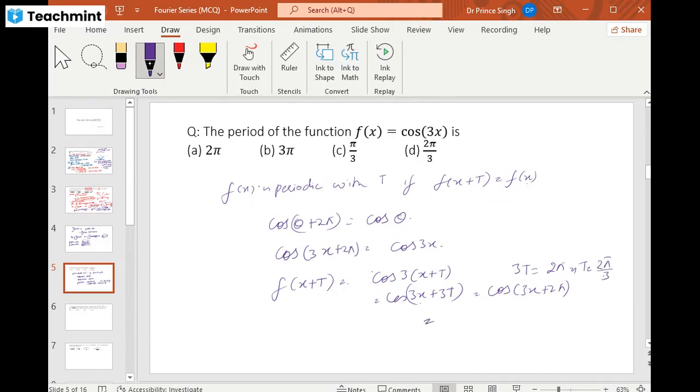If I take 3 common, this is cos of 3 times x plus 2 pi by 3, and this is again equal to cos 3x, which is equal to f of x. So the smallest value of t is 2 pi by 3. So the period of cos 3x is 2 pi by 3, right?